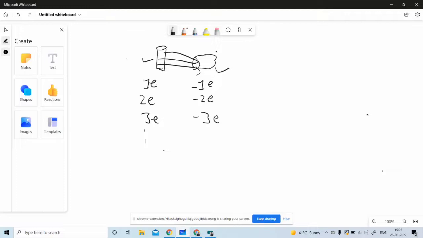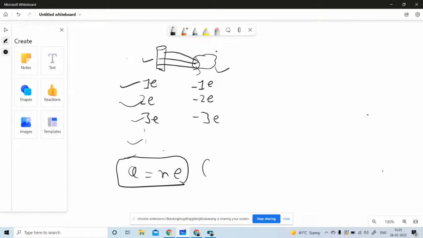Make it clear: the glass rod can have either 1e, 2e, 3e, 4e, 5e. In general, the charge on the glass rod will be Q equals Ne. This is quantization of charge, where N will be 1, 2, 3, 4, and so on. It will not have values like 1.5, 1.6, 1.7, 3.45, etc.